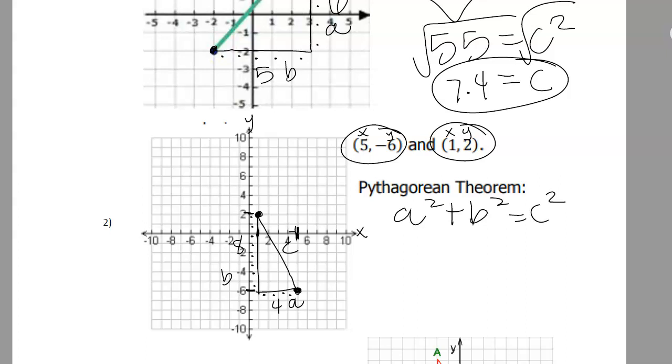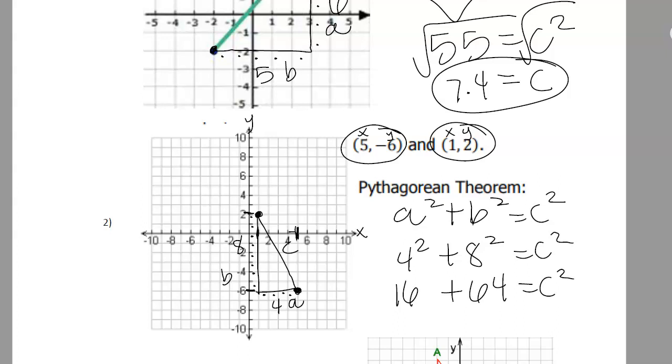A and b. 4 squared plus 8 squared equals c squared. 4 squared is 16 plus 64. Alright, so 16 plus 64, that is 80. And the last step is to square root. So square root of 80 is 8.9. So c equals 8.9. So the distance right here is 8.9.